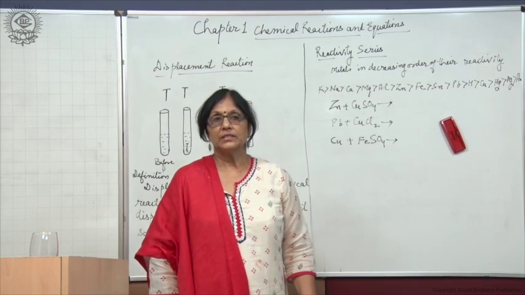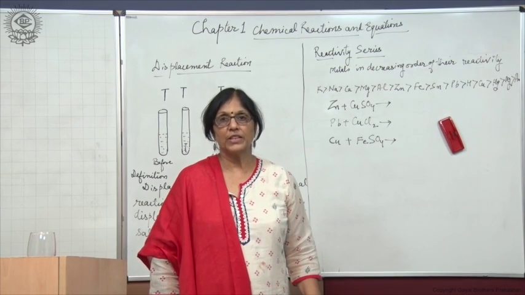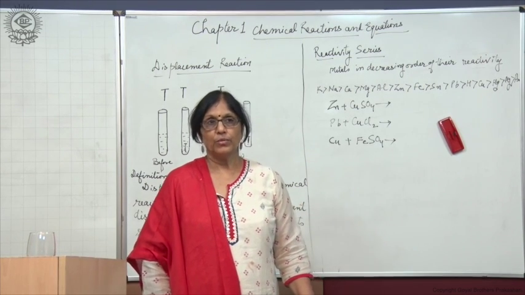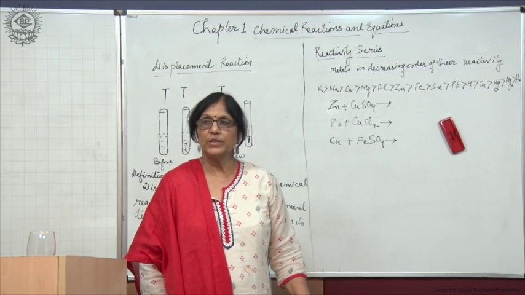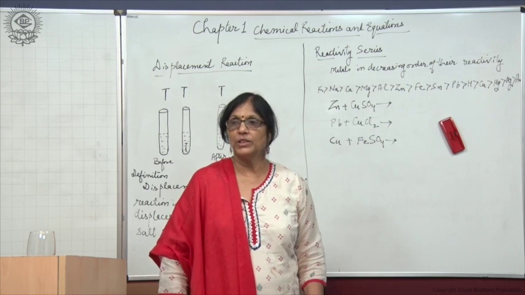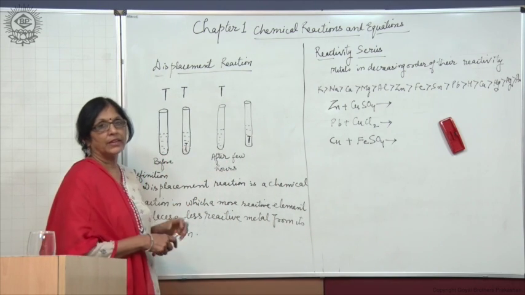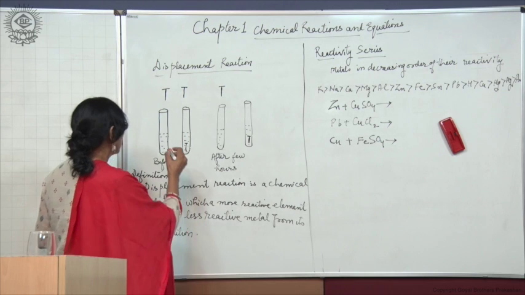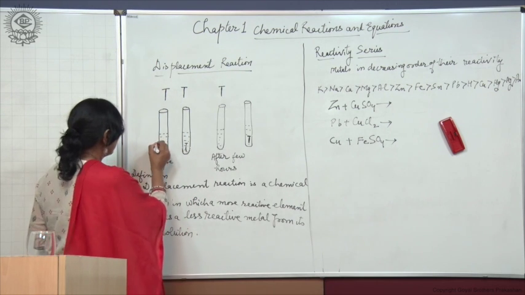Now, we will discuss the third type of chemical reaction, that is displacement reaction. Before we know what a displacement reaction is, let us discuss an activity which can be performed in the lab. Take 2 test tubes and take copper sulphate and dissolve it in distilled water.